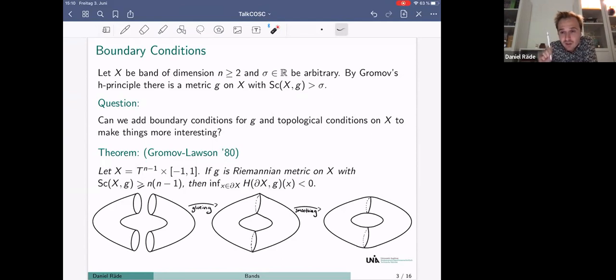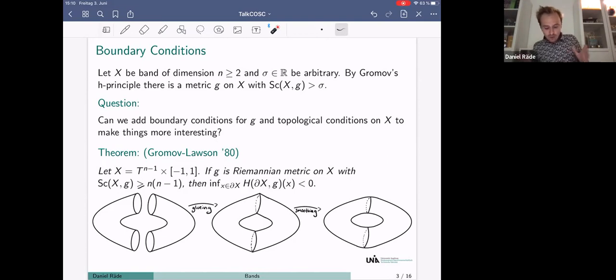You can smooth it out if the mean curvature is non-negative and the scalar curvature is strictly bigger than 0, which is given here. And then you only lose a little bit of scalar curvature. So if it was positive before, it will be positive again afterwards. But the double of this is just the n-torus. And we know this doesn't have a positive scalar curvature metric, so that is a contradiction.